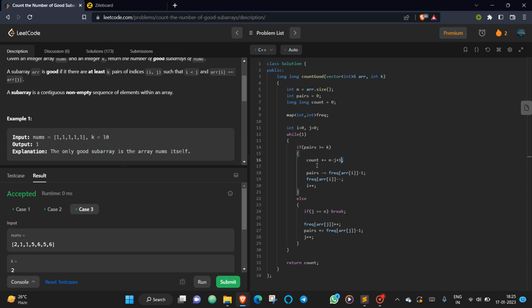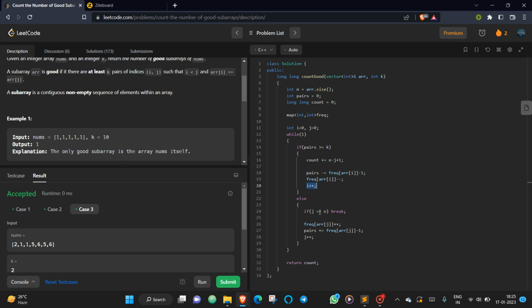So I'm adding that count to my count variable. After it satisfies my condition, I increment my i, and I remove all the pairs whatever my current element is forming, and then I decrement the frequency of my current element.